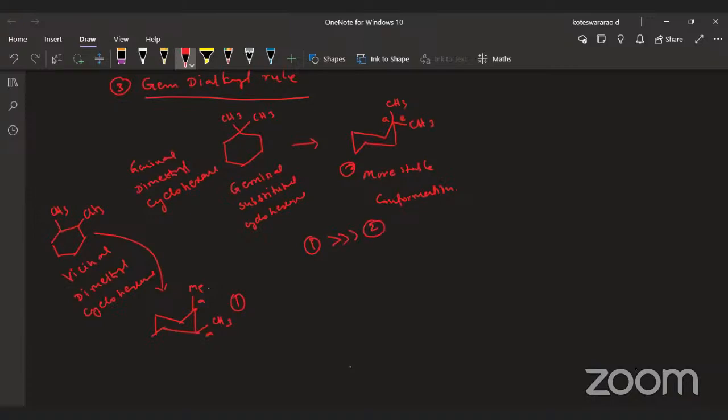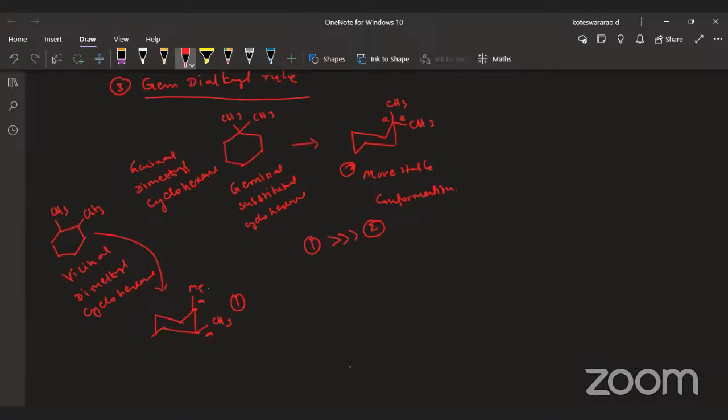In simple cycloalkanes like cyclopropane, cyclobutane, cyclopentane, cyclohexane, cycloheptane, cyclooctane, when two methyl groups, or any similar substitution, are on the same carbon, it is geminal substitution. Any substitution on adjacent positions is vicinal substitution. When you compare stabilities, geminal substituted cycloalkanes are less stable than the vicinal substituted ones. This comparison is why we propose the gem dialkyl rule.